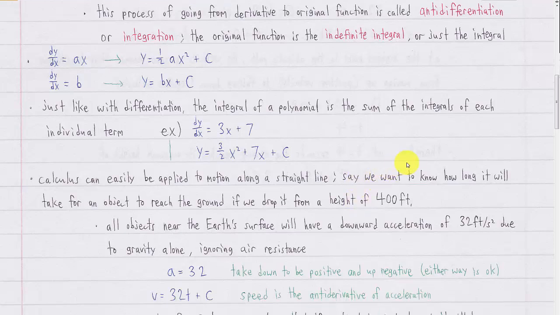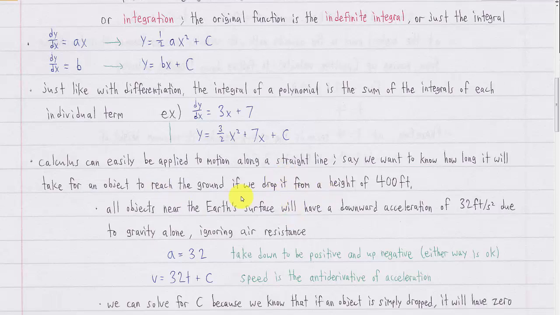Let's say we're 400 feet above the ground and we want to know how long it will take an object to reach the ground if we just drop it. To do this, you have to know that all objects near the surface of the Earth have a downward acceleration of 32 feet per second squared due to gravity, if we ignore air resistance.